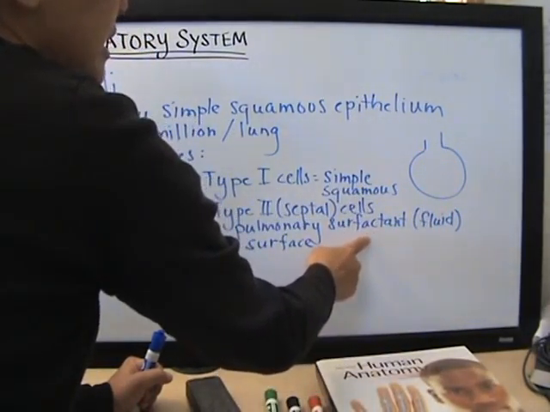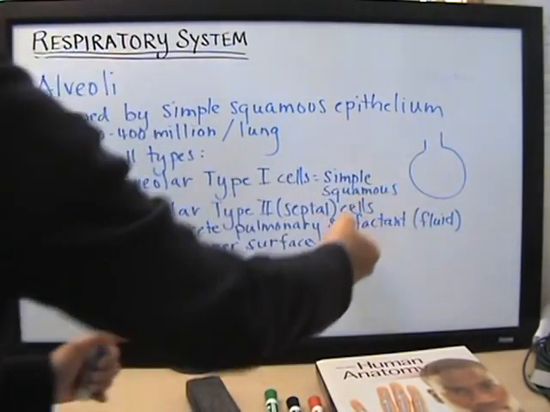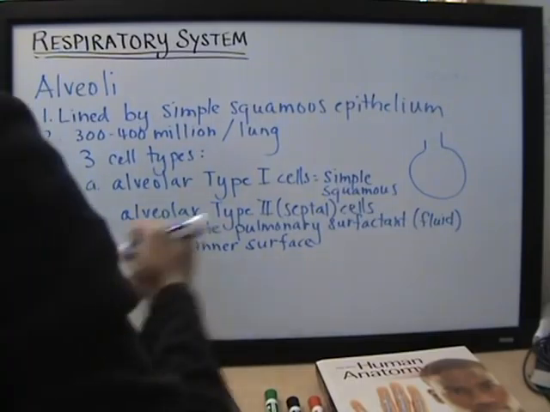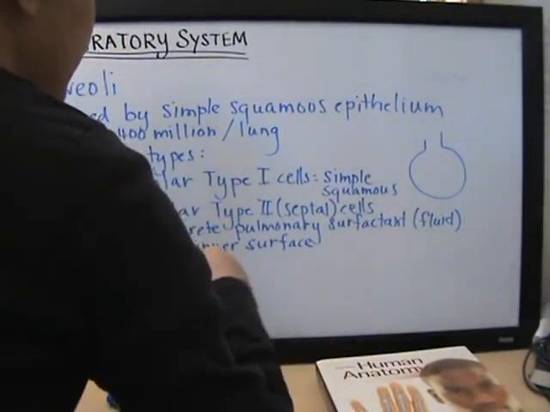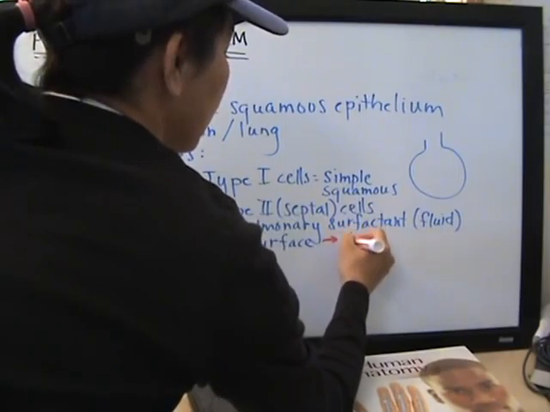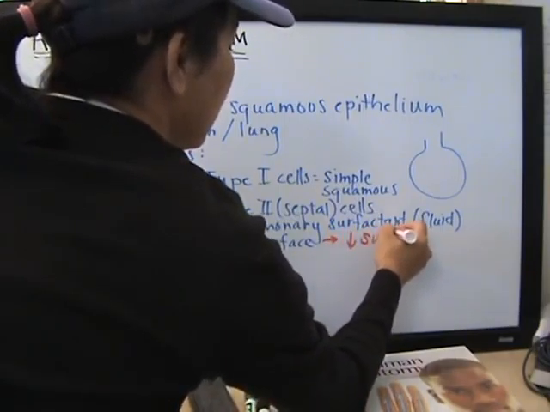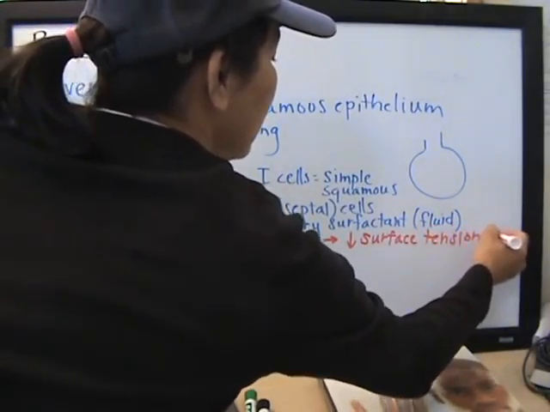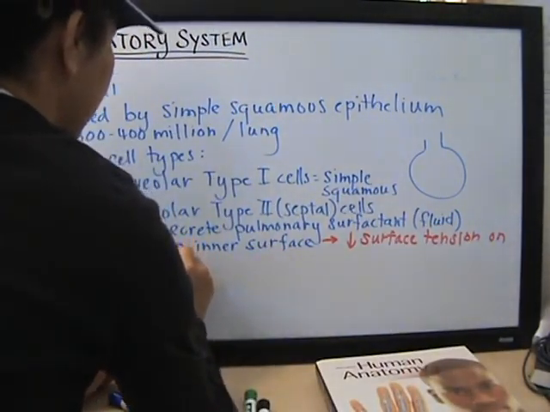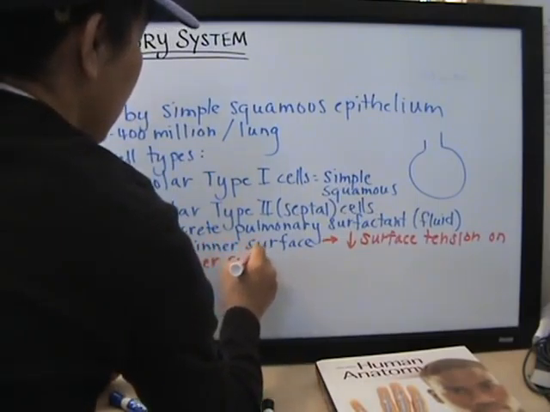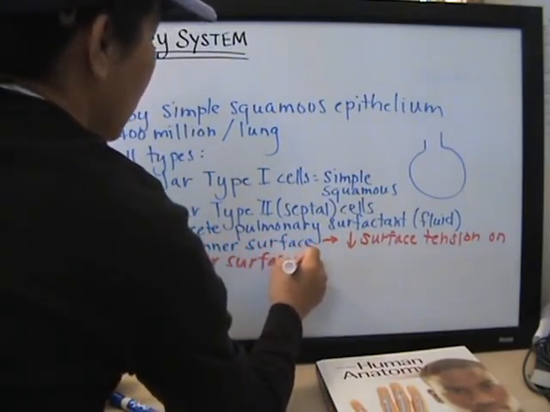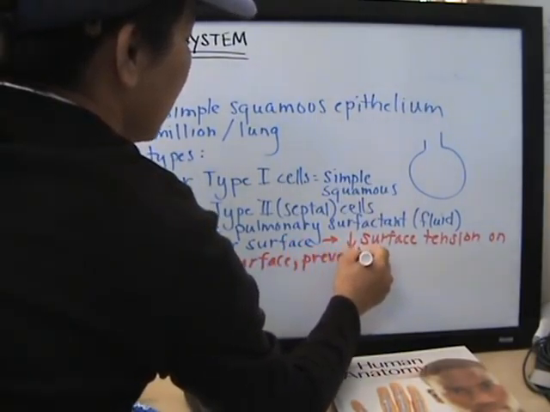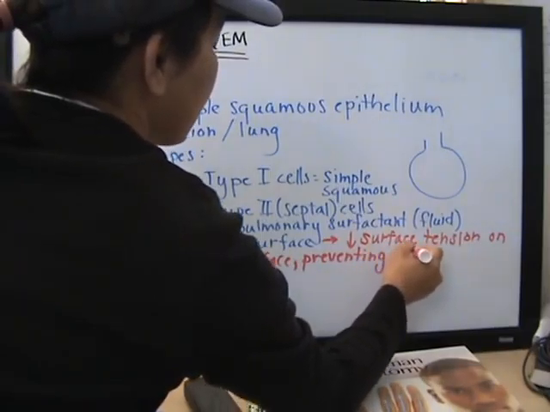So surfactant, this fluid produced, decreases the surface tension on inner surface, preventing collapse.